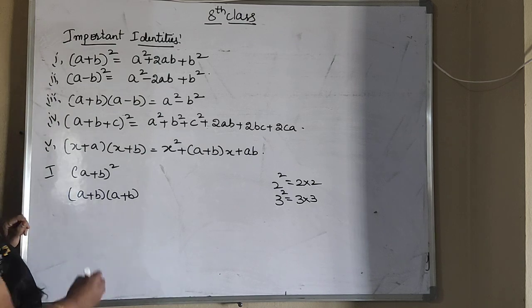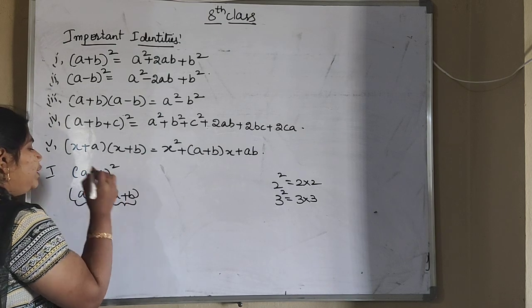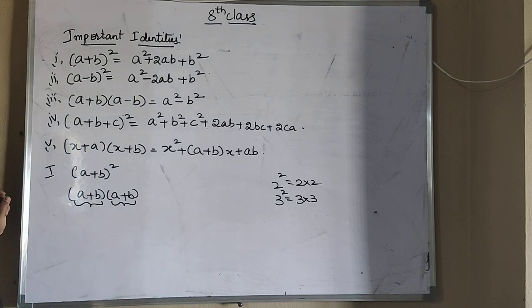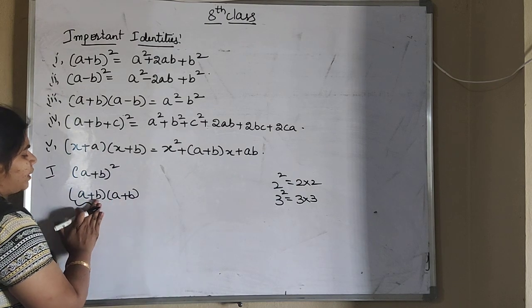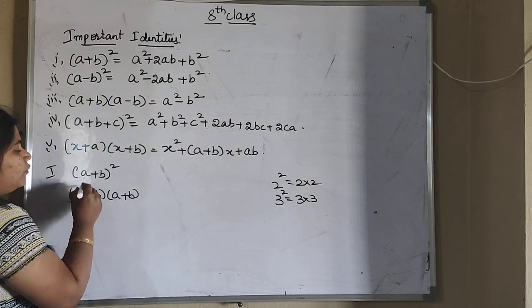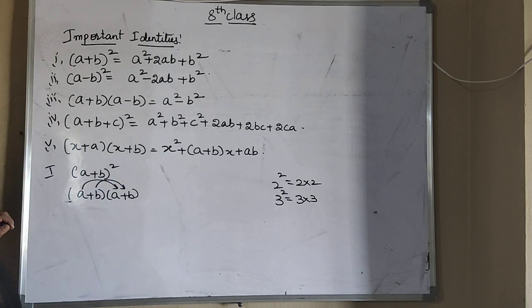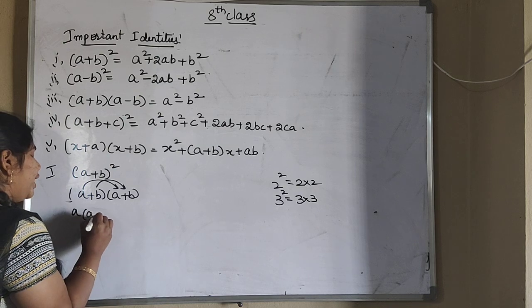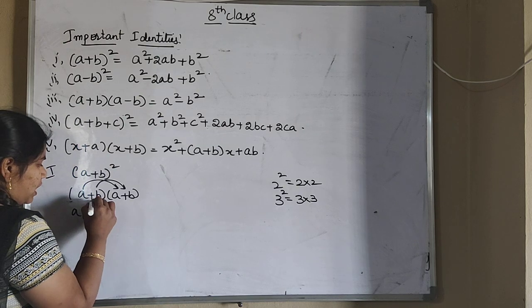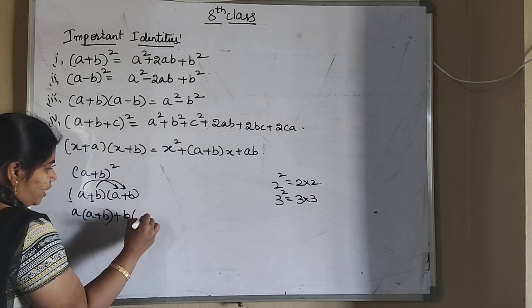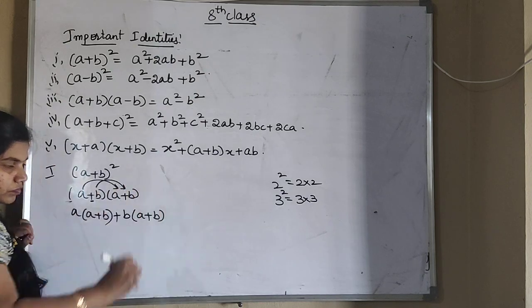Now it has been converted into binomial into binomial. Already you know how to multiply binomial by binomial. First term with whole term, second term with whole term we have to multiply. That is a into (a plus b). Here plus is there, so plus b into (a plus b).